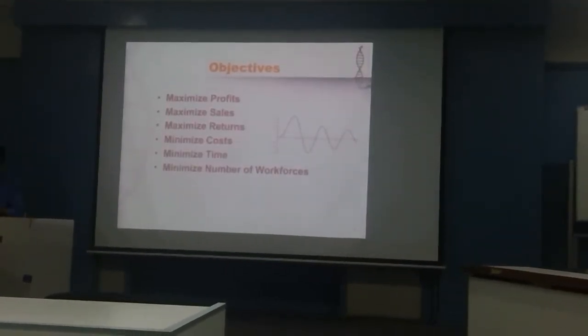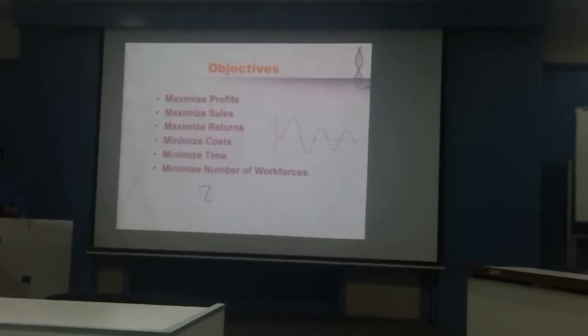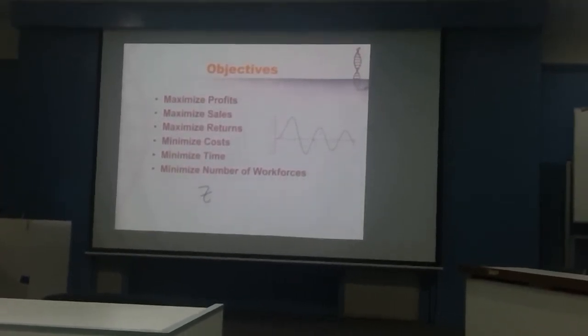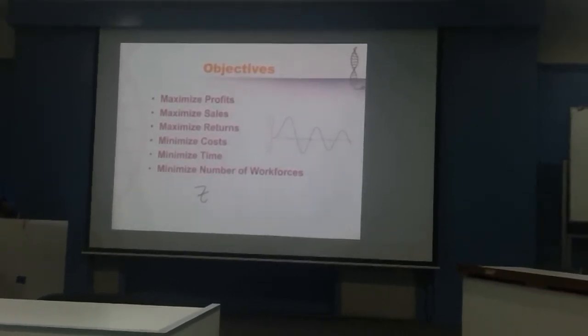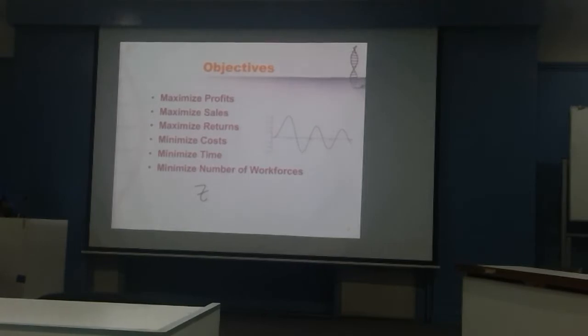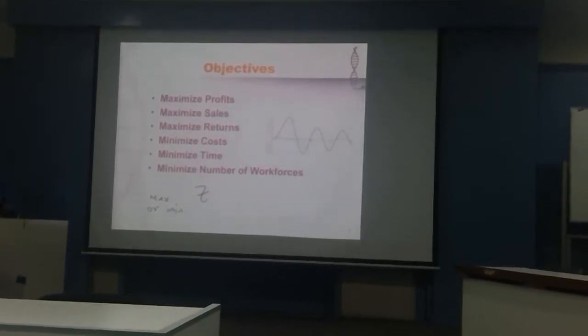Objective function, Z. You want to maximize or minimize. Z means the total profit or total sales, total return, or you want to minimize the total cost, minimize the total time, something like that.